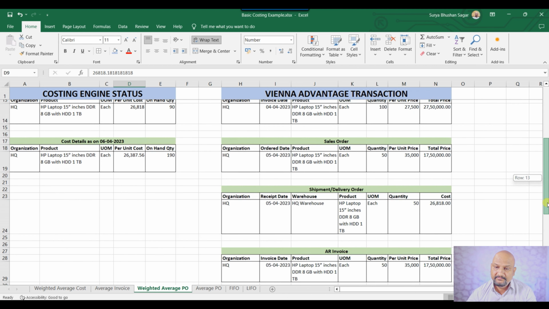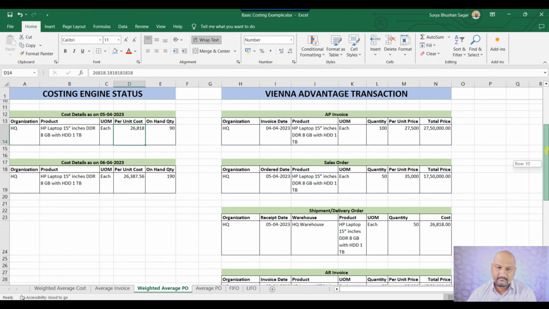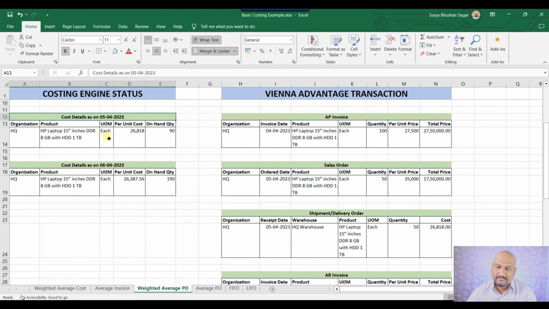As soon as your delivery order gets completed, my status at the costing engine on 5th of April becomes 90 quantities available, with 26,818 as the per unit cost. In this way, your cost of goods sold would be debited and your inventory account gets credited.